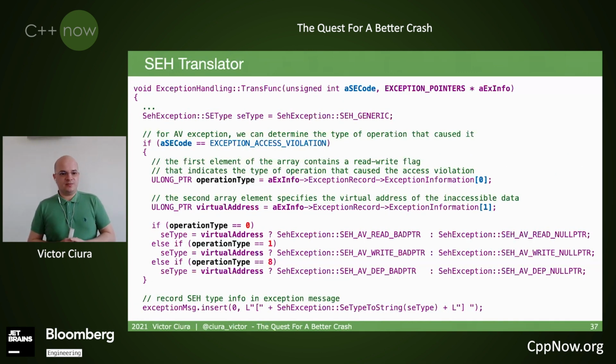For example, in case of access violation, this might be the most useful one to be interested about. So if we do receive an access violation notification, we can immediately see what kind of operation type we had from this record.